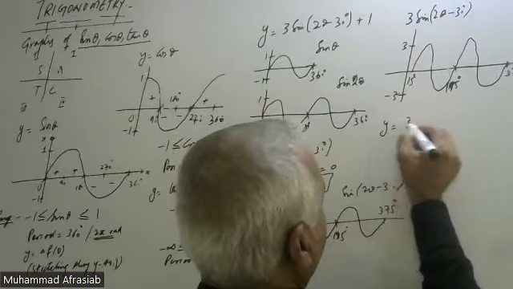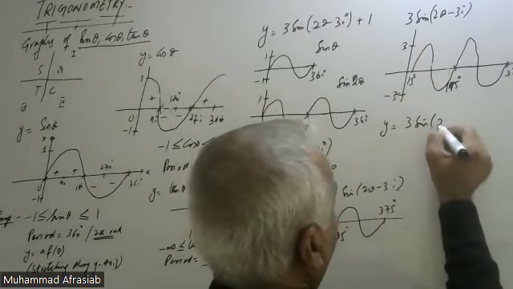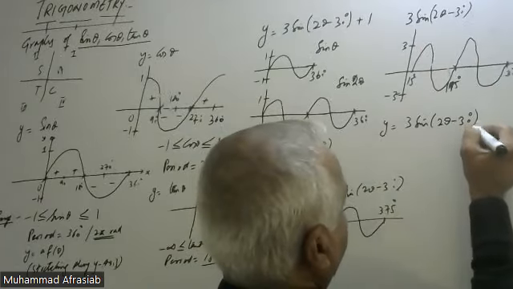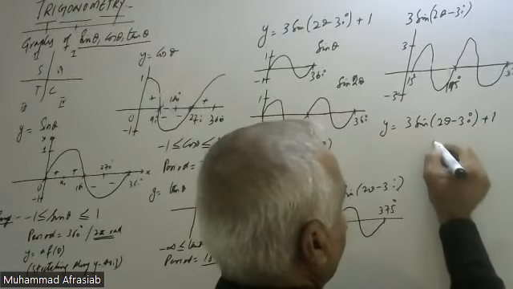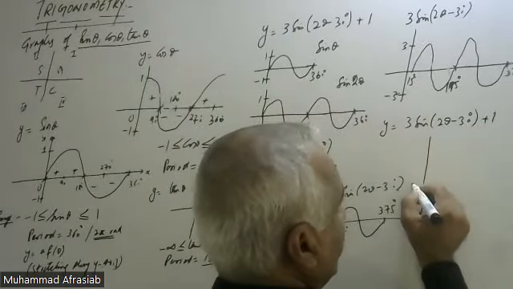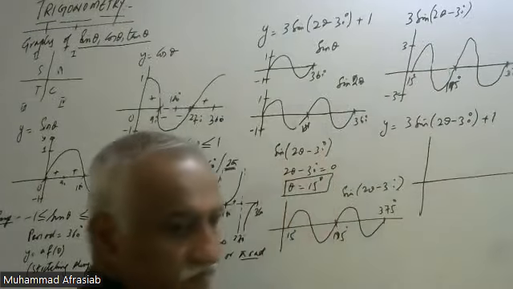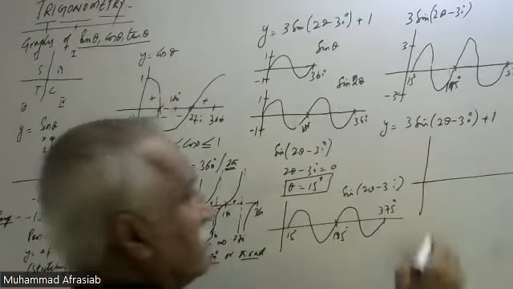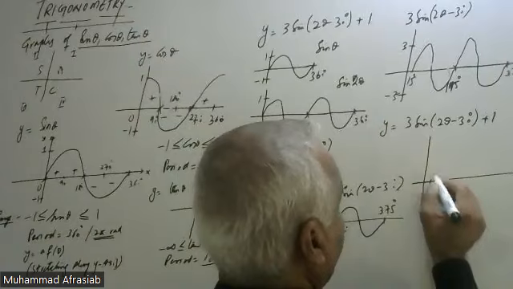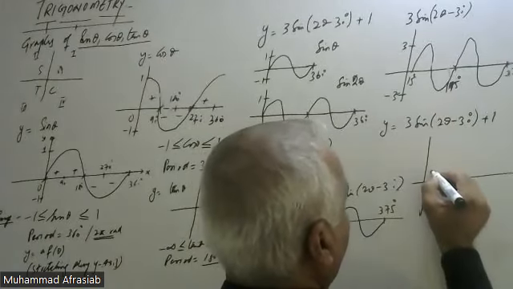So finally, 3 sine of 2 theta minus 30 degrees plus 1. So the whole graph will be shifted 1 unit upward there. So instead of 15, it is at 0. Now it will become at 1.